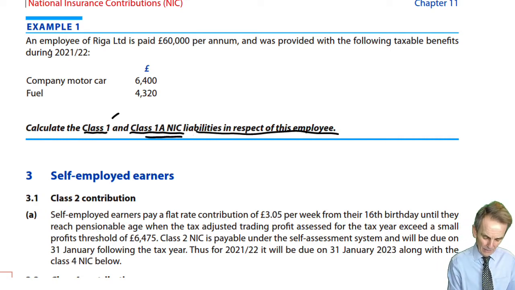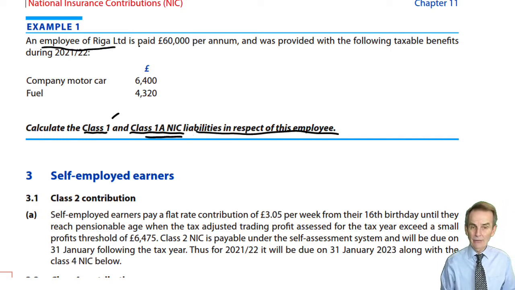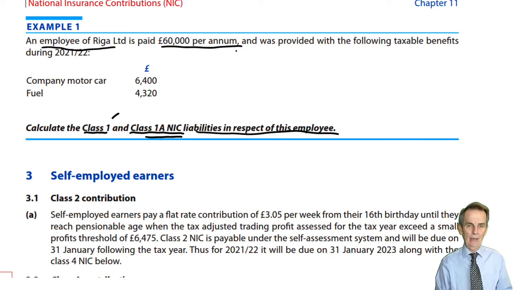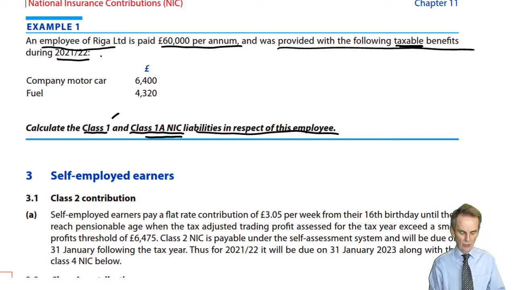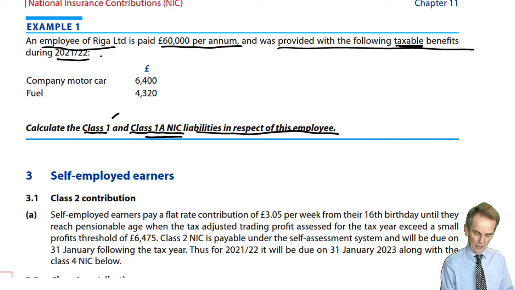First of all, we're told an employee, for the Class 1 to be relevant, is paid £60,000 per annum. There's the salary level, 60,000. And was provided with the following taxable benefits during the 21-22 tax year. So what have we got?